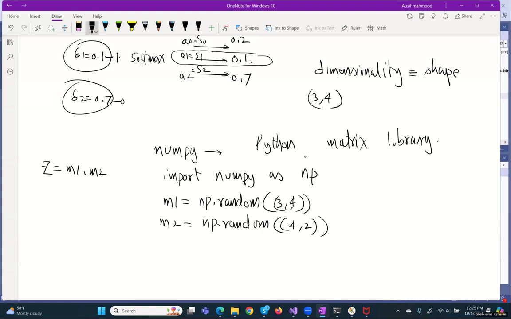But in NumPy, you don't say that; you will say Z equal to np.dot. The dot is the function that will do matrix multiplication. So now you can do M1, comma, M2. And if the inner dimensions match, you can say print Z, and it will print all the numbers. Or you can say print Z.shape, or put a breakpoint over here and put your mouse on it. It will show you, right?